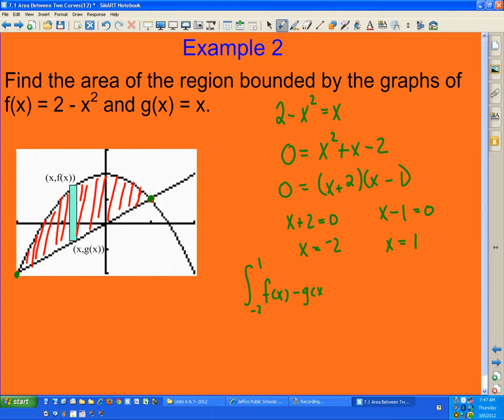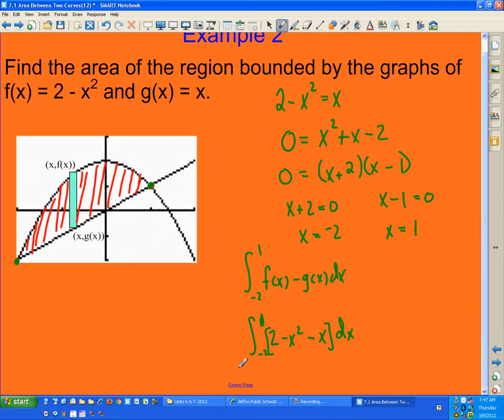So it's just a matter of dealing with it now: from negative 2 to 1 of 2 minus x squared minus x dx. You can put brackets or parentheses around it if you like. For some reason I lost my negative 2, 1 there.